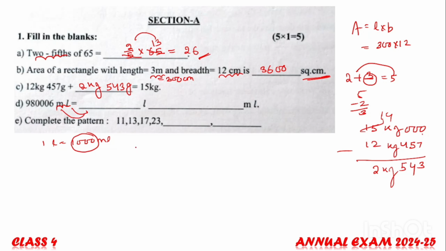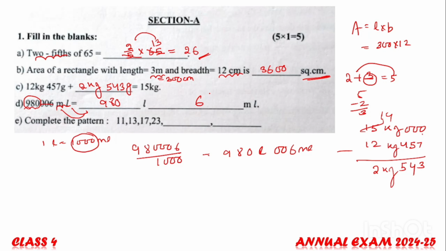So if you divide 98006 by 1000, we get 98 liter and 006 milliliter. Or simply, if the milliliter is given, when you convert into liter, we remove the 3 digits from the right side. Now write the liter place, that is 98. So 98 liter and the remaining, that is 6 or 006 milliliter.